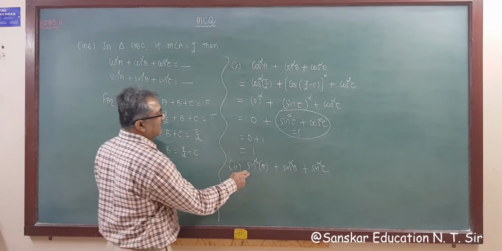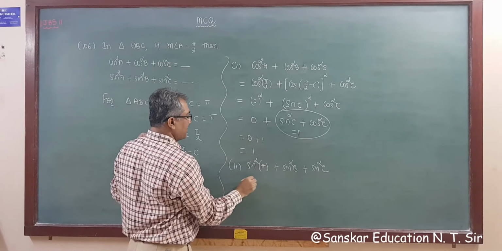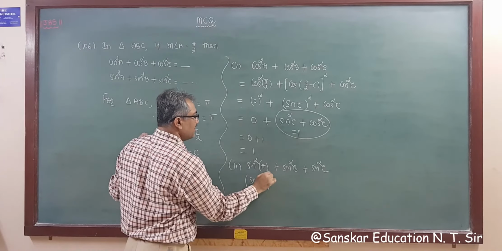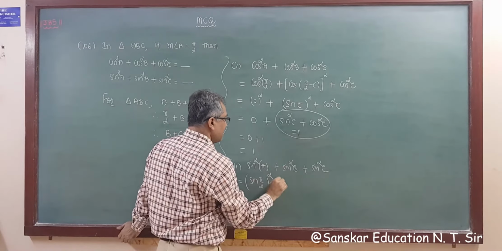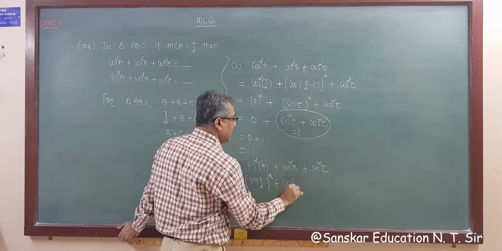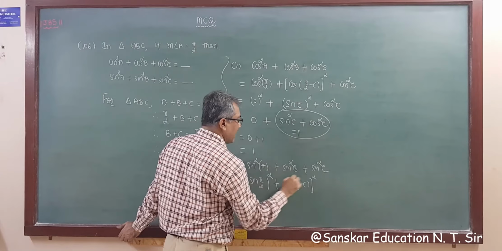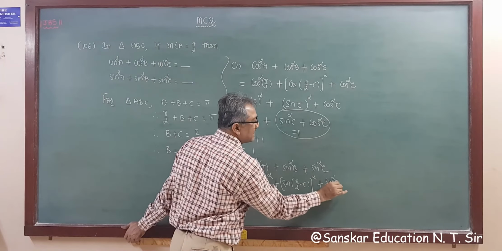Now sin A is sin pi by 2, and sin pi by 2 is 1. So sin pi by 2 I am writing whole square. B is pi by 2 minus C, so plus sin pi by 2 minus C whole square, and plus keeping sin square C as it is.